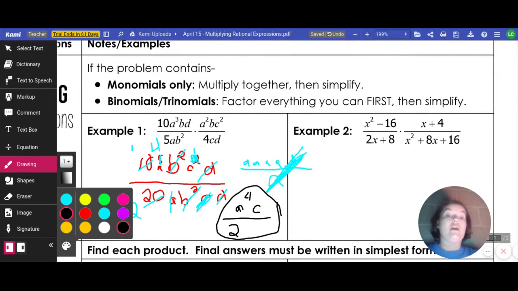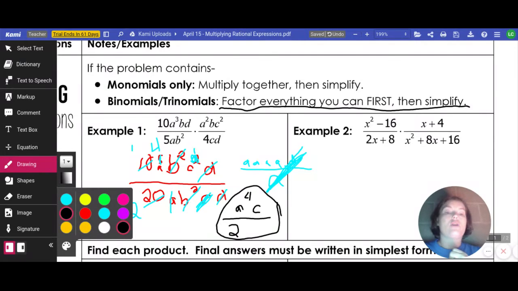All right. Now the second example has binomials and trinomials, and this does make it more difficult. But look at what it says. It says to factor everything you can first, then simplify. So we have to take each numerator and denominator and look at it and say, okay, can I factor out a GCF? And then can I factor it even further?